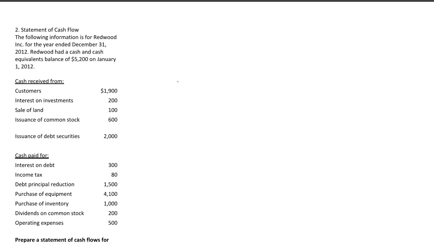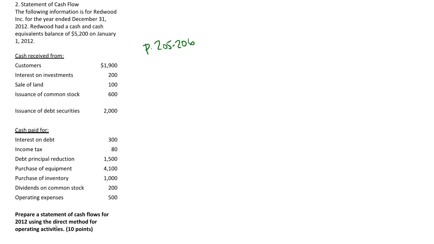Statement of cash flows, you can find an example of this on pages 205 to 206. Okay, the key thing is to focus on what type of statement of cash flows we're looking for. In this case, we want a direct method for the operating, which means that you want the entire statement of cash flows, not just the operating one.